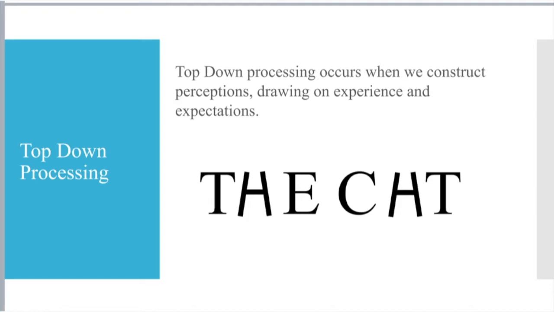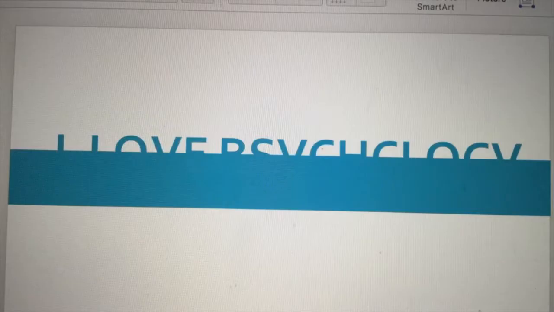Like here you see the cat. We assume while the H and the A are the exact same kind of symbol, we've seen the word cat, and so we draw on our previous experiences to be able to differentiate between these 2 symbols.